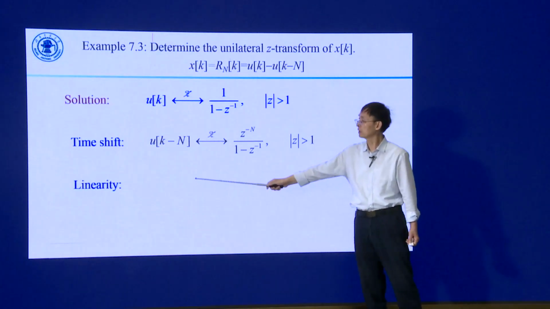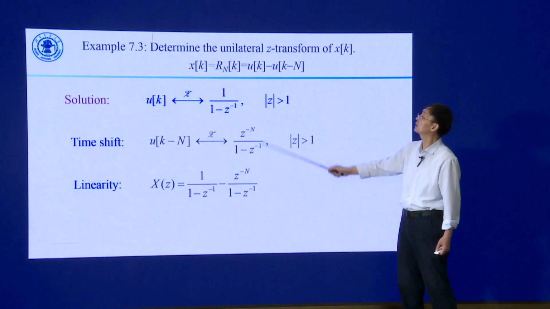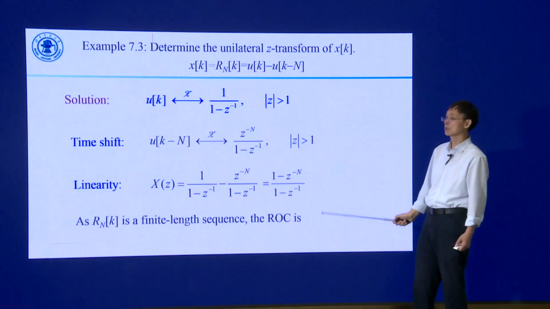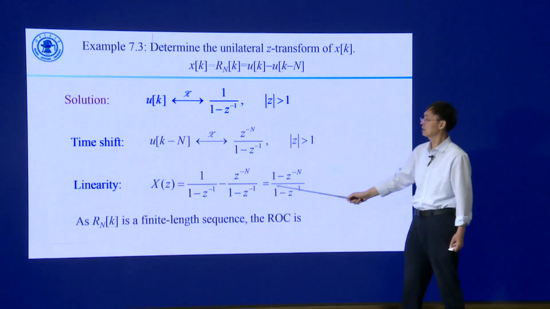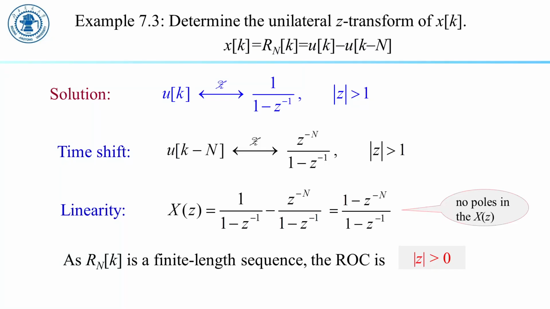According to the linearity property, we can get the Z-transform for this signal. Because this signal is a finite length sequence, the ROC is this expression.